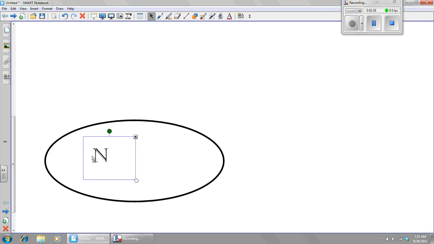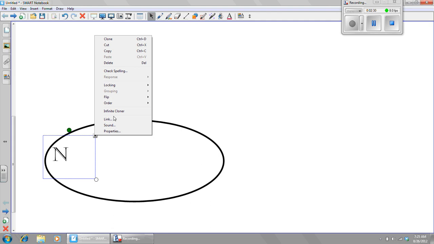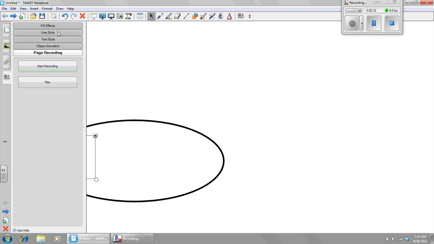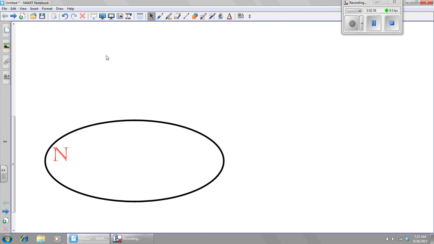So I'm going to put an N in there, and I'm going to change the color of that to red, because we're doing them in red. And remember, the naturals began with 1, and 2, and 3, and then they went on forever, right? No fractions, no decimals, go on forever.